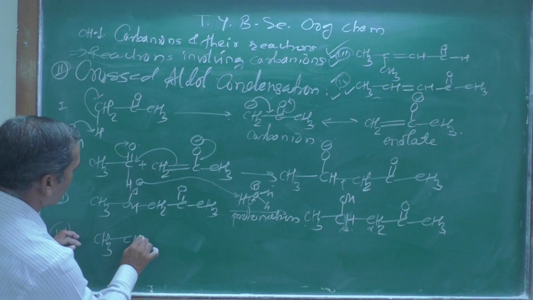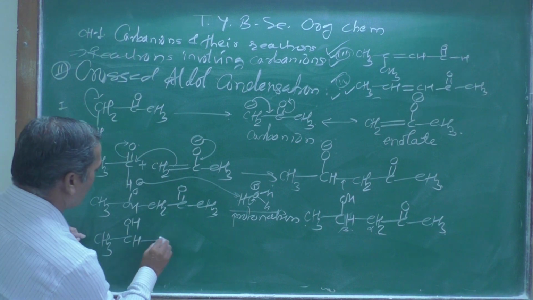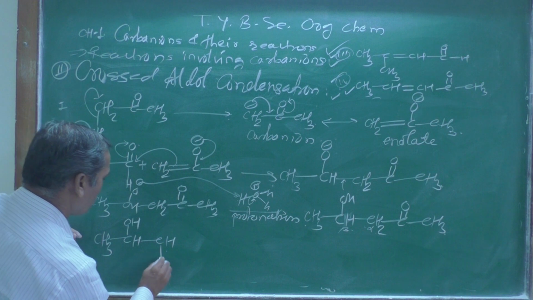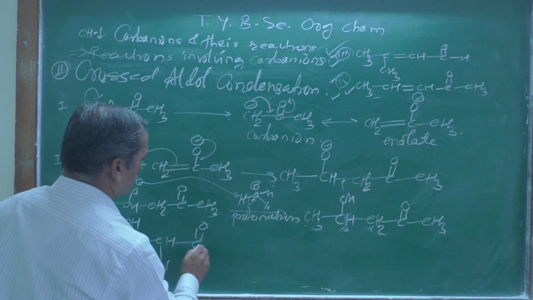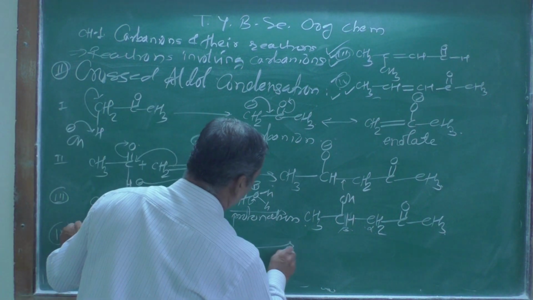CH3, only one change I am making over here. I am writing this CH2, one H along with that hydrogen, and one hydrogen I am specifically showing like this, so that you can understand how the water molecule gets eliminated.